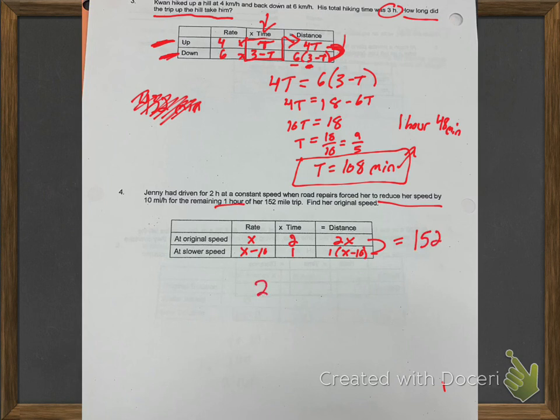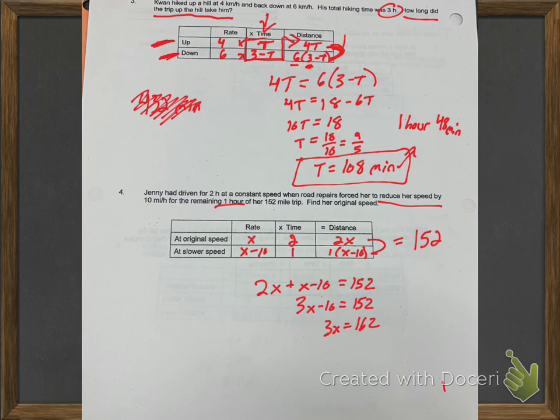So I'll have 2x plus x minus 10, because it's multiplied by 1. I'm going to set that equal to 152. So that'd be 3x minus 10 equals 152. Then from there, I'll add 10 to each side. So 3x is equal to 162.